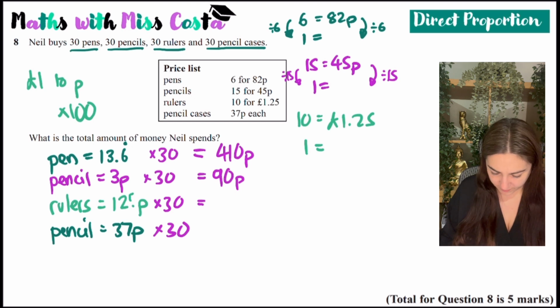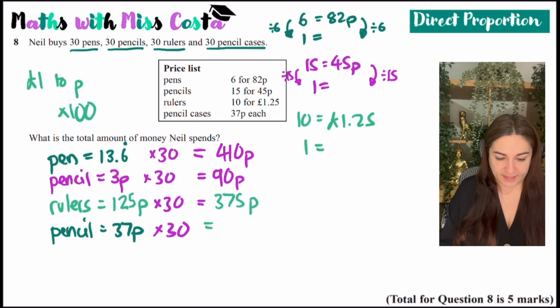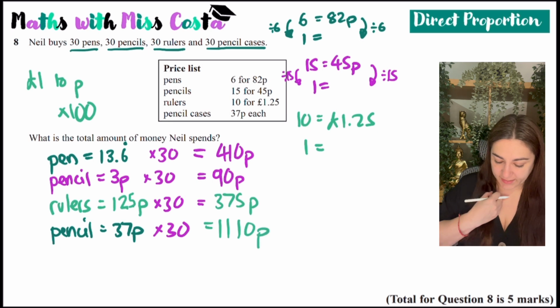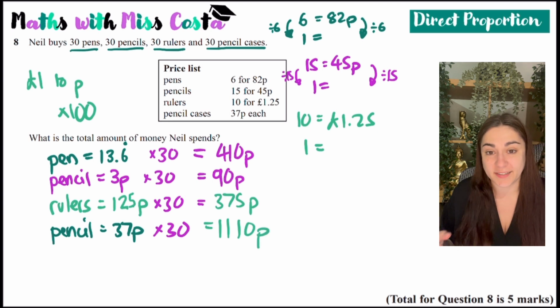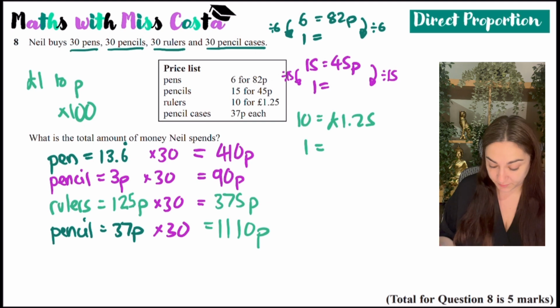Oh, 12.5 pence. So 12.5 times by 30 is 375p, and 37 times 30 is 1,110 pence. So it's really good to consistently work in either pence or pounds, because if you mix them up, then sometimes things get muddled up.